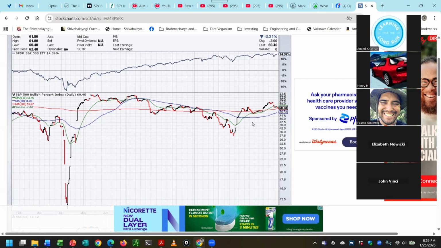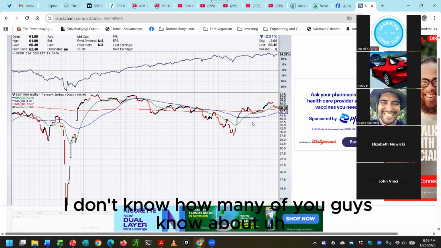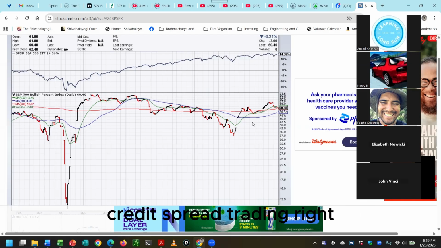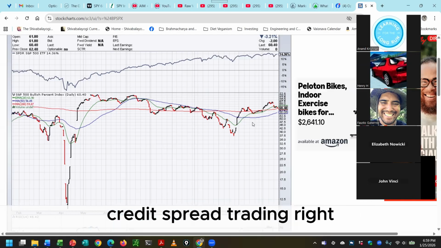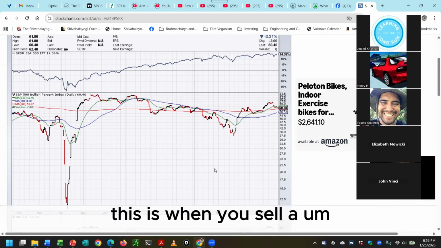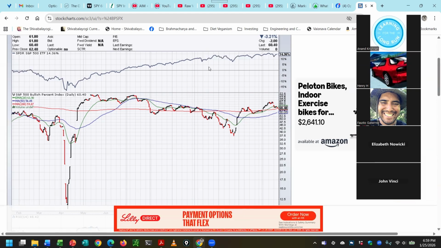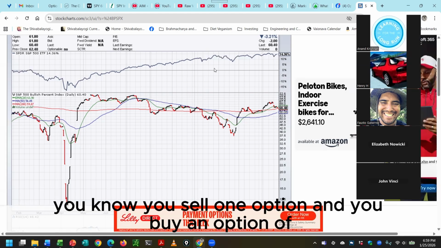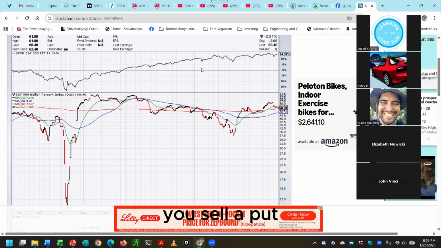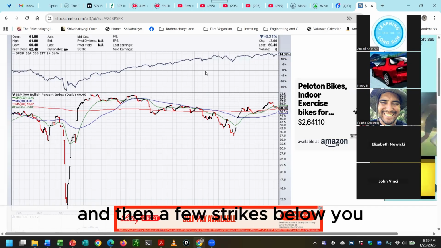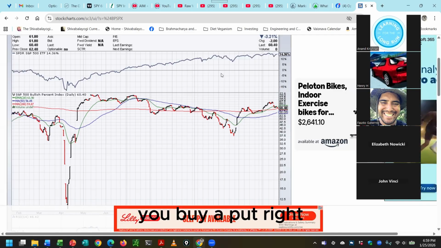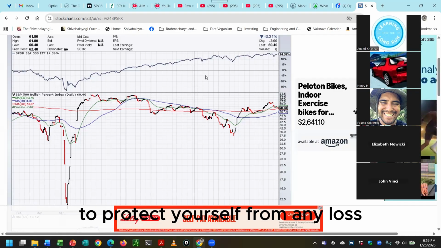So I don't know how many of you know about credit spread trading, right? This is when you sell one option and you buy another option. If it's put options, you sell a put at a certain strike price, and then a few strikes below you buy a put to protect yourself from any loss.